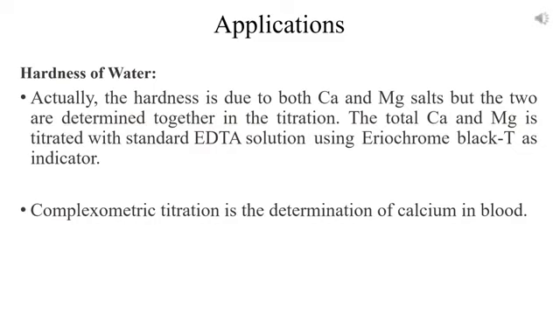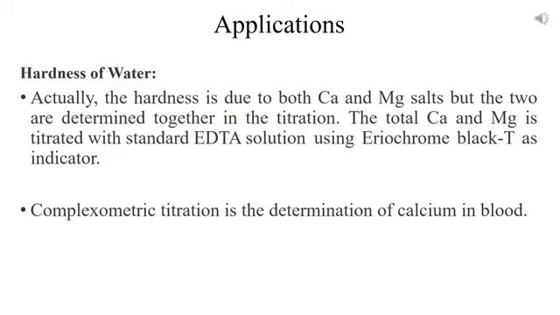For example, the most important complexometric titration is the determination of calcium in blood, and we can do this by complexometric titrations. A general application that is commonly used is the hardness of water. We can determine the hardness of water.